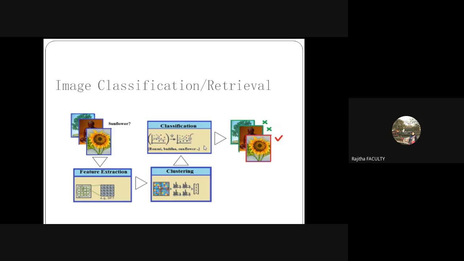Your feature vector is ready, so apply a decision tree on it, or a Bayesian classifier or support vector machine. Whatever machine you want, you can apply on that particular feature vector which is generated. So now ML is applied here.